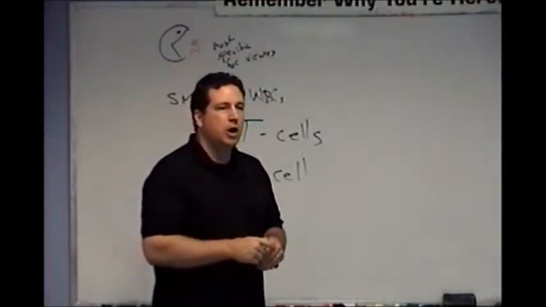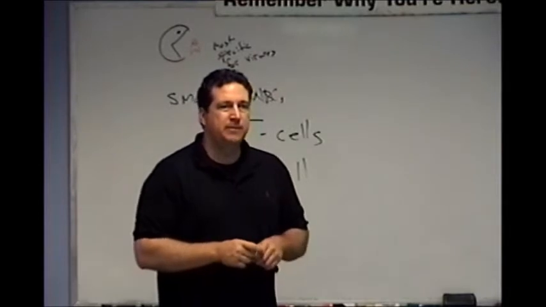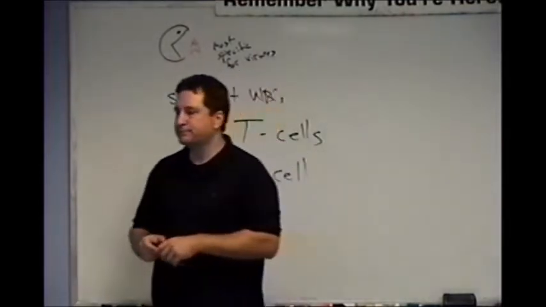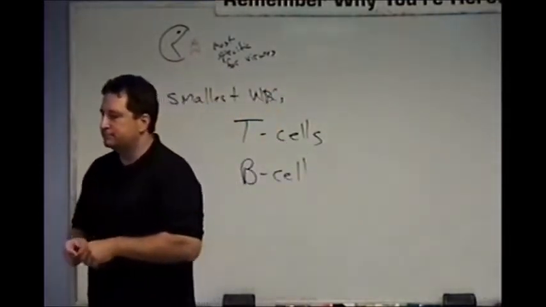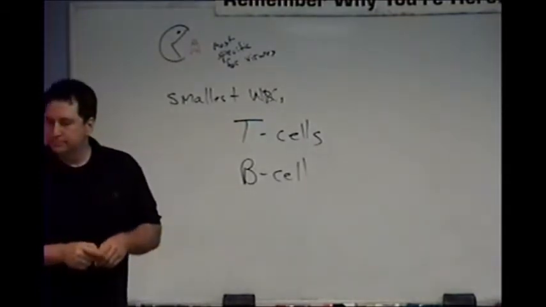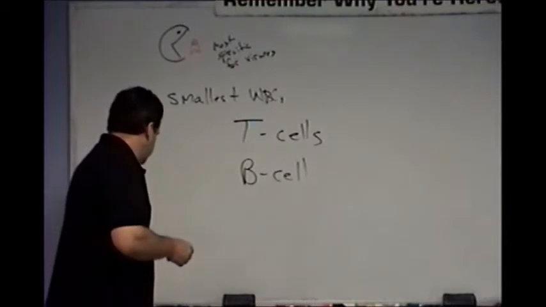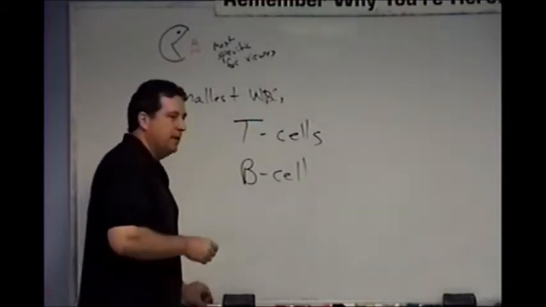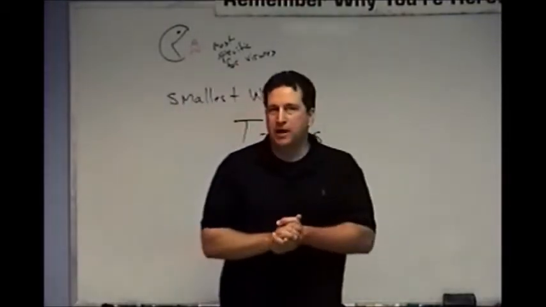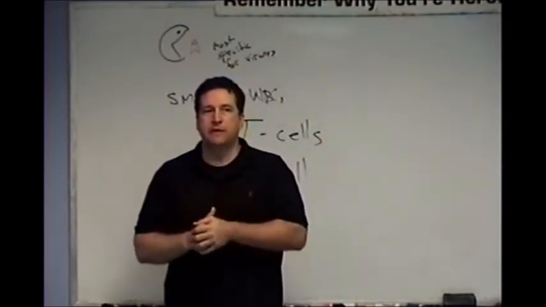They have a large kidney bean-shaped nucleus. They become what's called a macrophage, very large phagocyte.